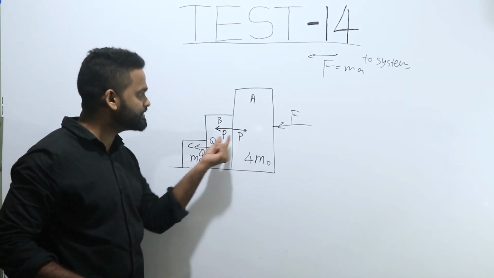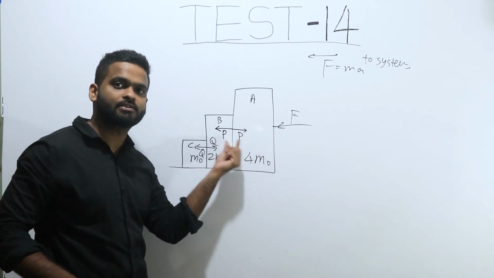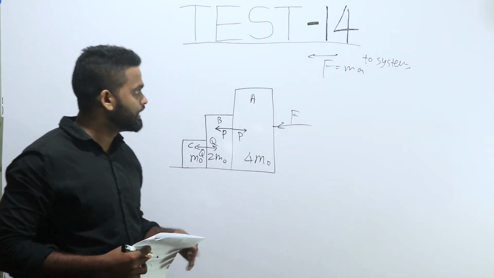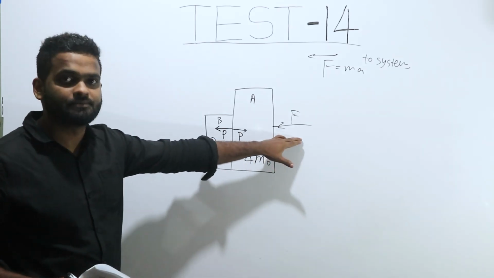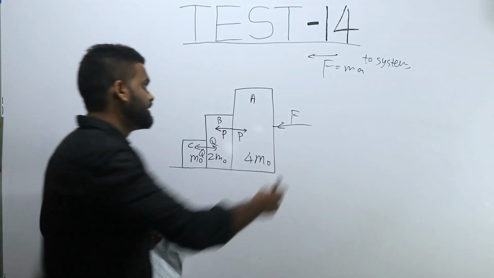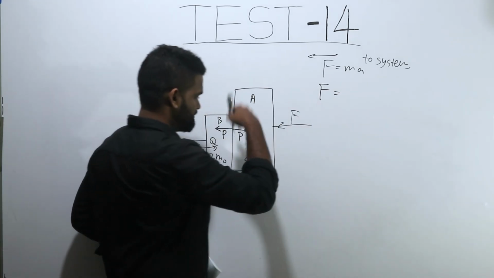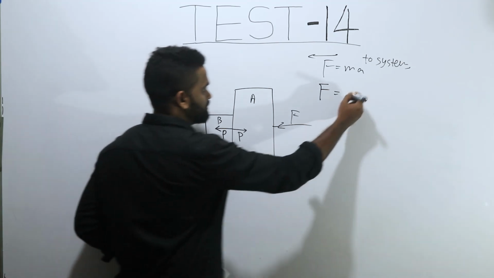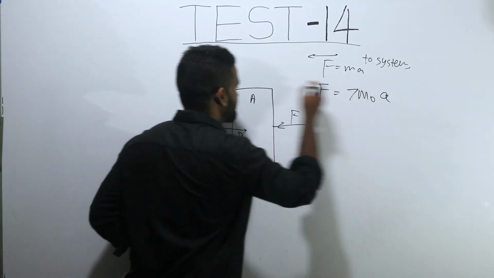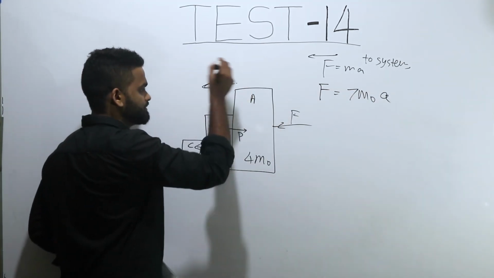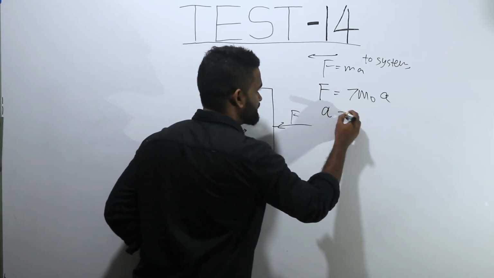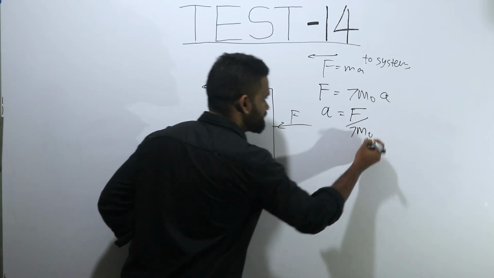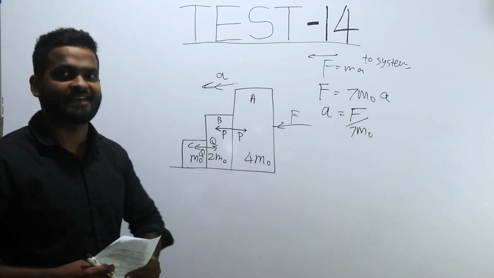These are internal to the whole system, so those forces cancel out. The only horizontal force is capital F. Then the mass of the system is m0 plus 2m0 plus 4m0, 7m0, times, let's say, the acceleration of the system as simply A. First, I found the acceleration of the system, which is F over 7m0.